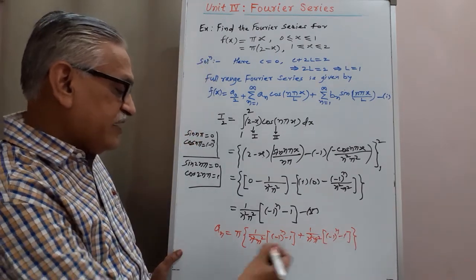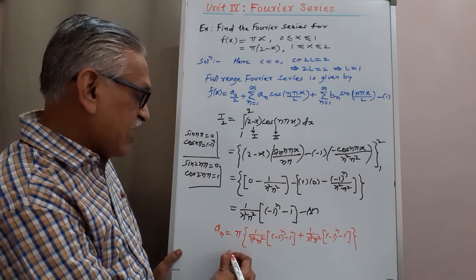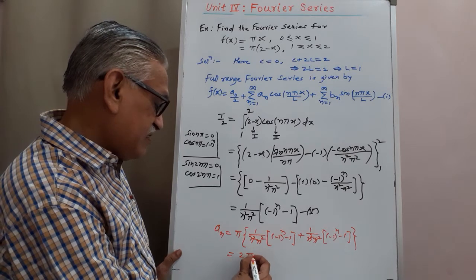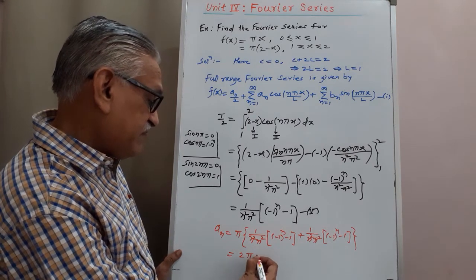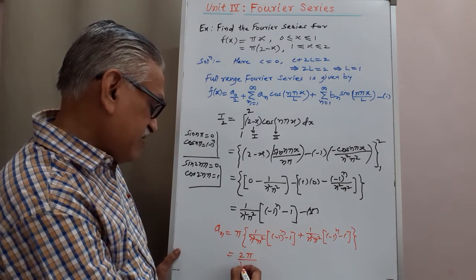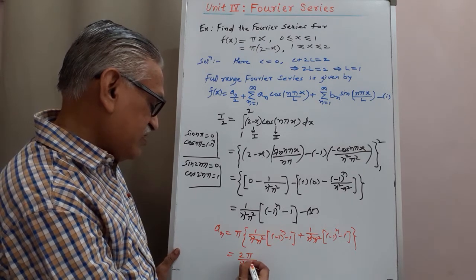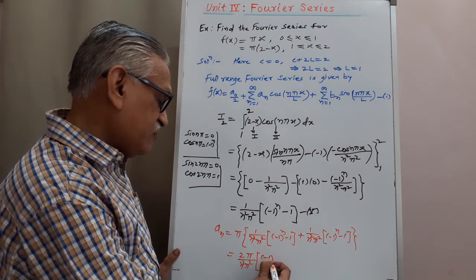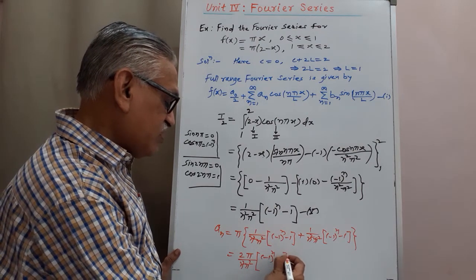Therefore if we add it, it becomes 2 times, so it is 2 pi divided by n square pi square multiplied by minus 1 raised to n minus 1.